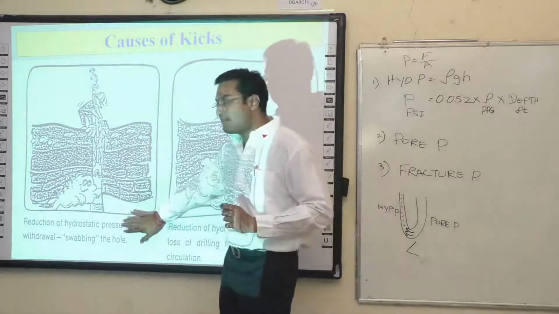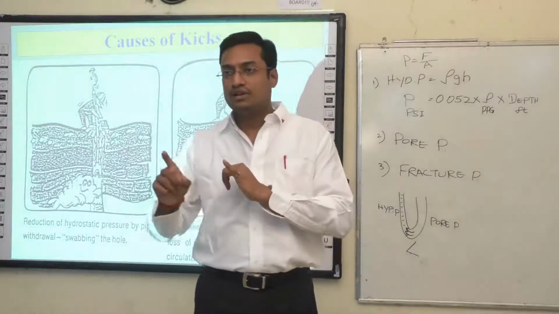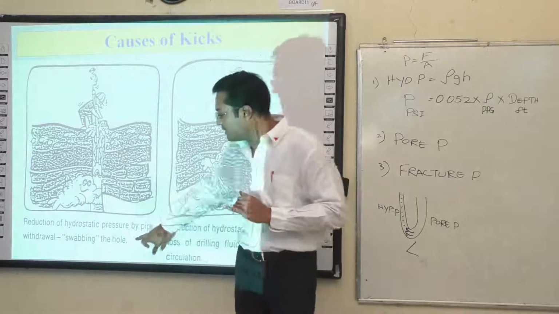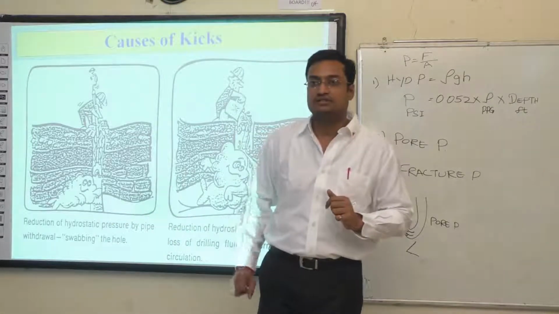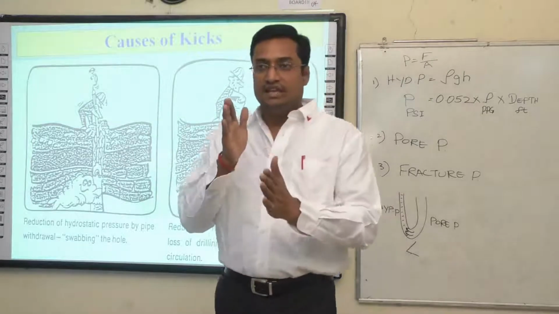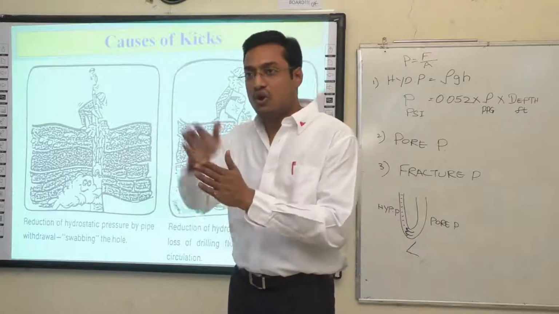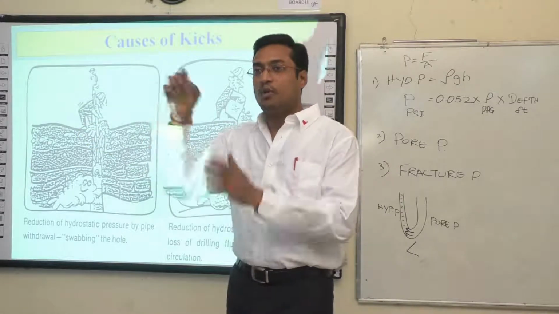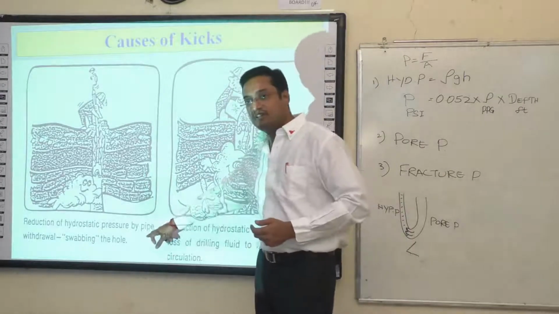So when you're pulling the pipe out of the hole, you have to make sure that you don't give a very high swabbing effect. So you don't reduce the hydrostatic pressure. So you have to do calculations and see, this is the speed I am going to pull the pipe, or I should not pull more than this speed. If I do that, because of swabbing effect, I get a kick.